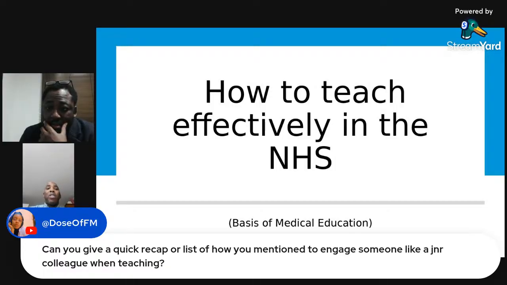Once he's made a commitment, ask him to justify why he gave the answer he gave, to give supporting information. Once he has given the supporting information, you find out what made him give it. Then after that, you teach the general rules. You say to the colleague, this is the general rule.